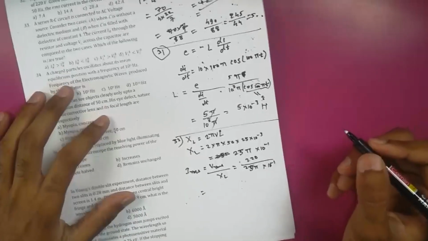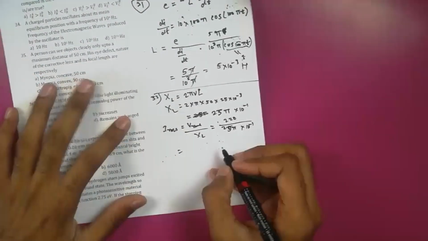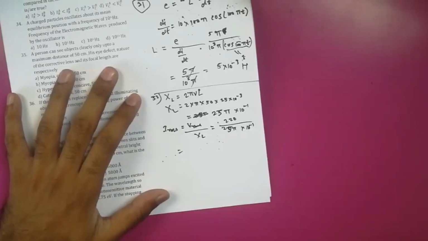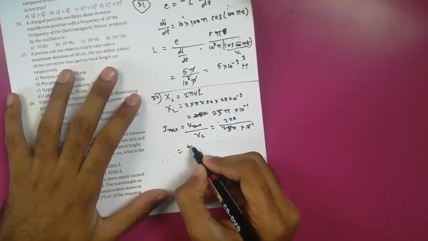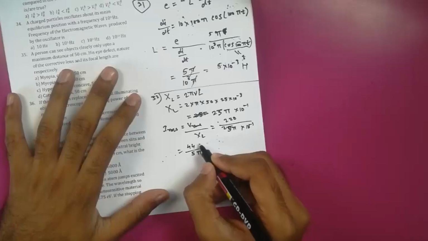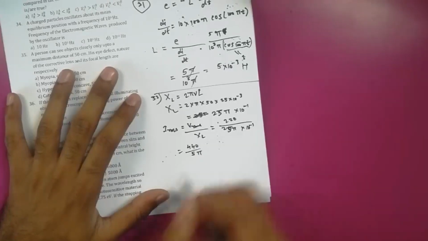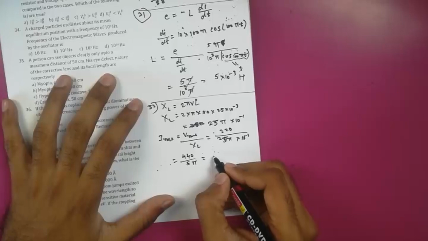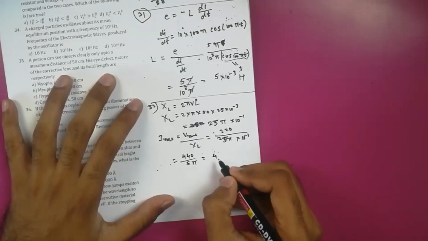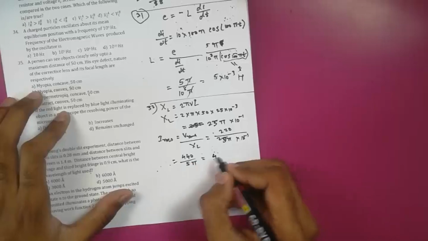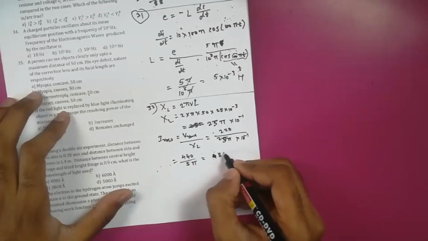Now easy calculation, let's see how much calculation we can do. Let's do it with 5 pi, which goes up and gives you one more 0. So we can directly calculate. 88 upon pi will be the answer.